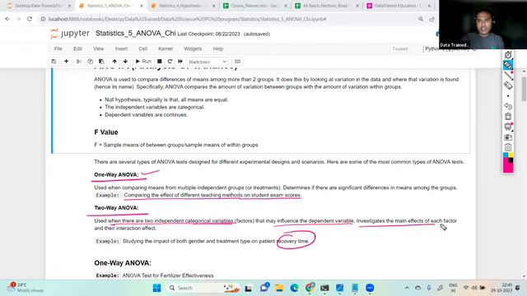So it investigates the main effect of each factor and their interaction effect. A little technical, but it's nothing. It's just how that treatment will affect those categories, male and female. So we are going to study that, right?